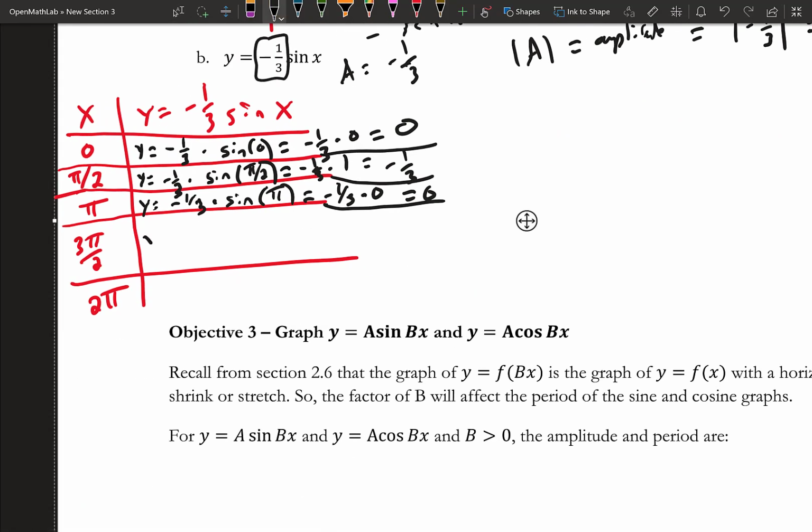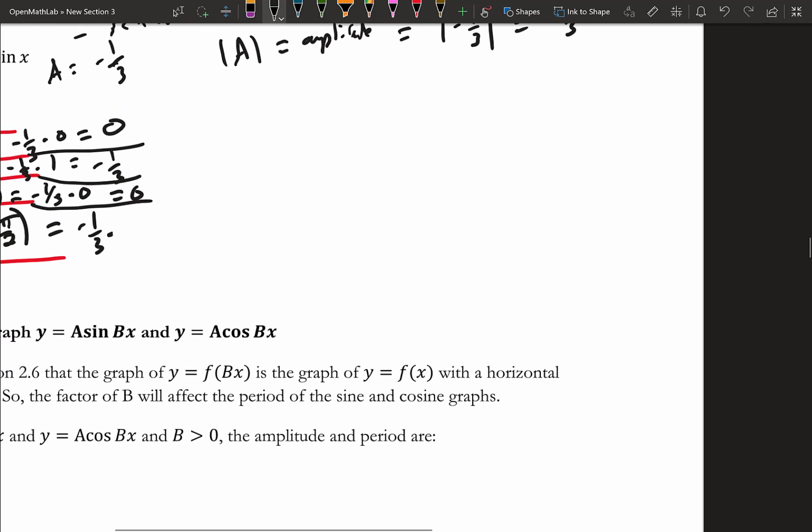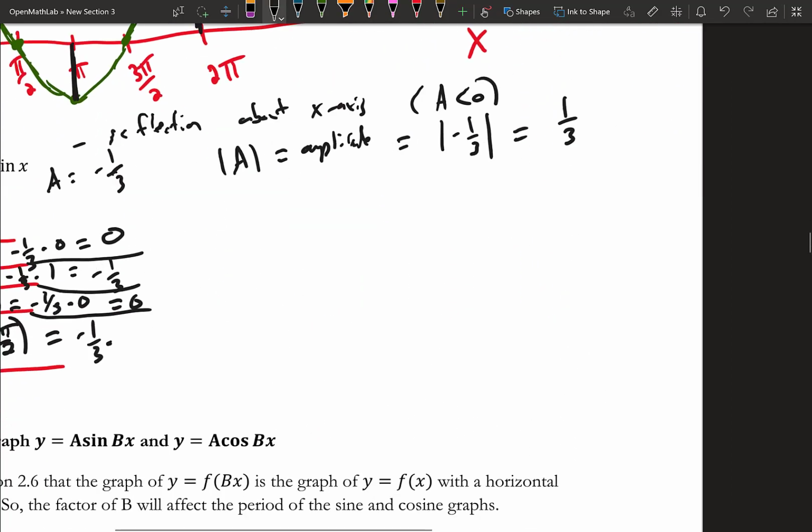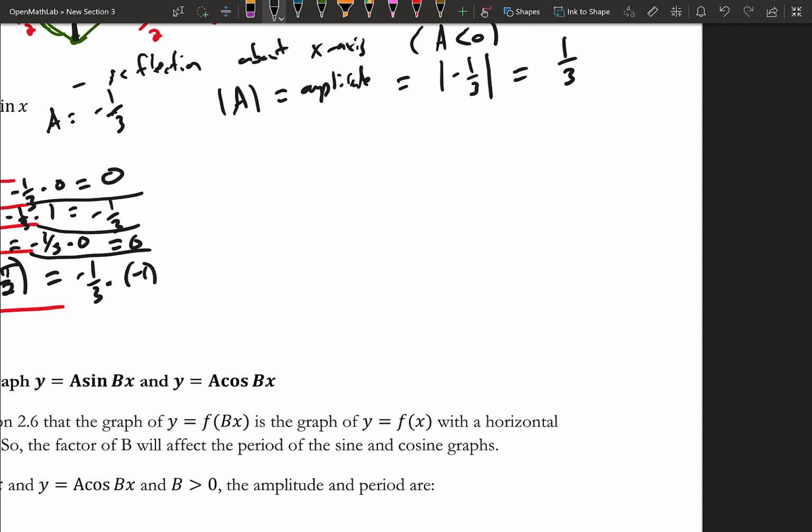And then we'd have y equals negative 1/3 times sine of 3 pi over 2, which is equal to negative 1/3 times... So sine of 3 pi over 2 would be this y-coordinate here, right? So negative 1, which is equal to positive 1/3.